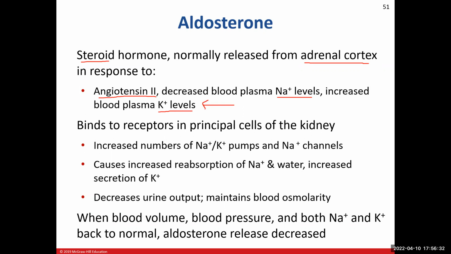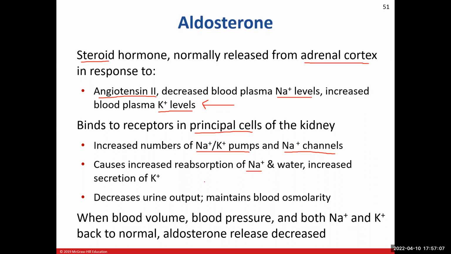So here's aldosterone. It gets released. It's going to travel to the principal cells there in the kidney. And so those cells are going to increase the number of sodium potassium ion pumps and sodium channels. Right? That is going to then cause an increase in the resorption of sodium. And as you know, water is going to follow the solute. Water is a follower. And so in this case, it's going to follow sodium. So if we increase the resorption of sodium, we're going to increase the resorption of water. So water is going to move back into the blood.